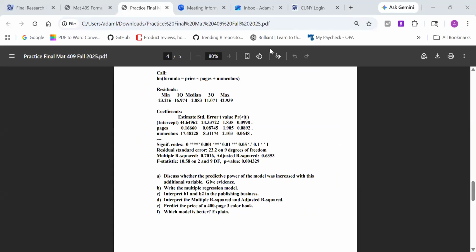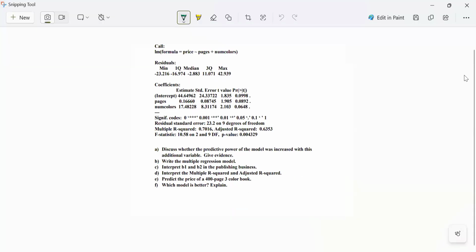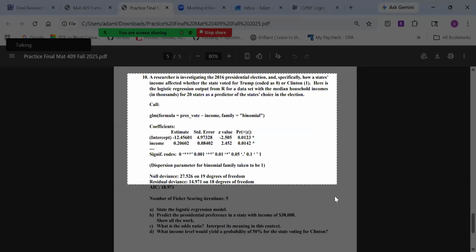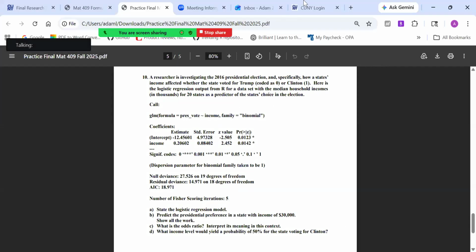And we want to find out the income level that separates the preference for Clinton and the preference for Trump.